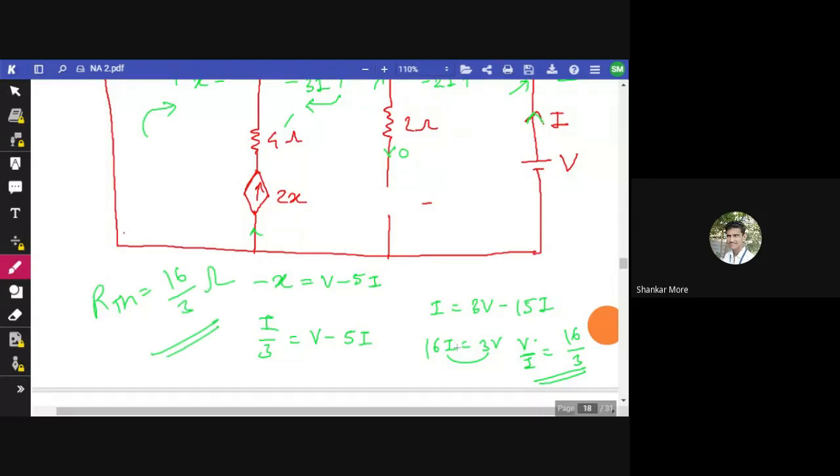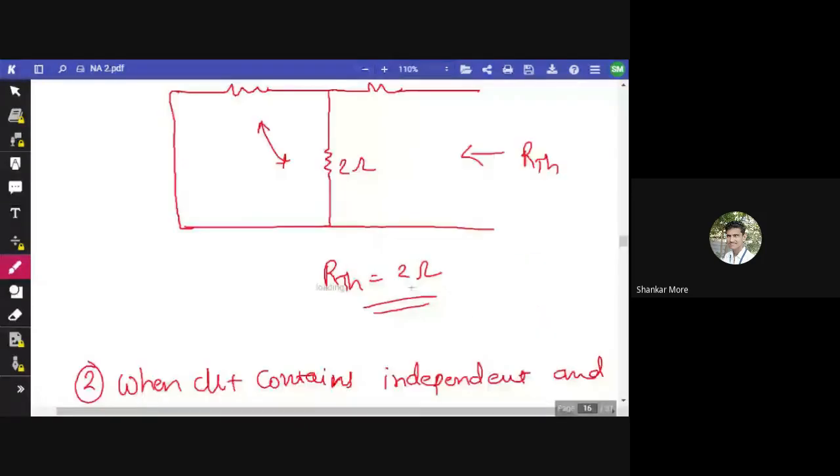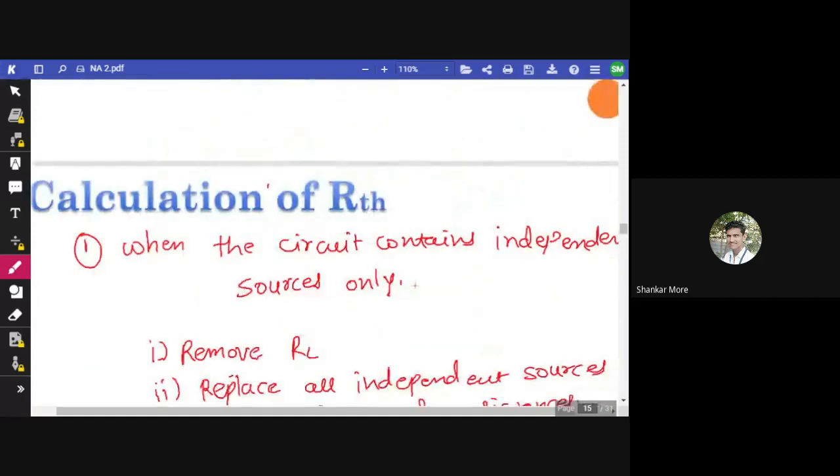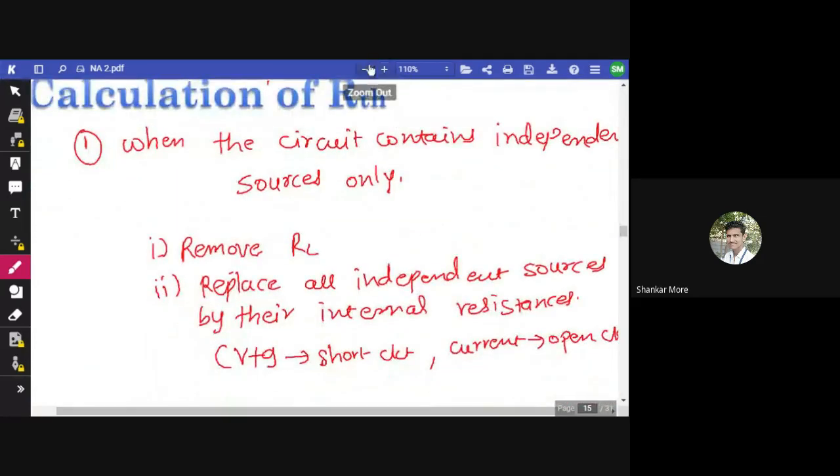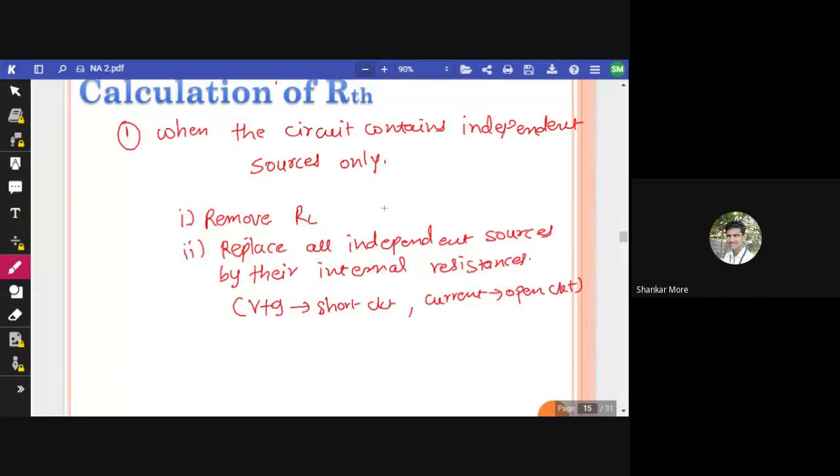So guys, I'm repeating the steps again to calculate RTH. Just remember, if the circuit contains only independent sources, in that case you have to just remove the RL and replace all the independent sources by their internal resistances, which means you have to replace voltage source by short circuit and current source by open circuit. That is for independent sources.